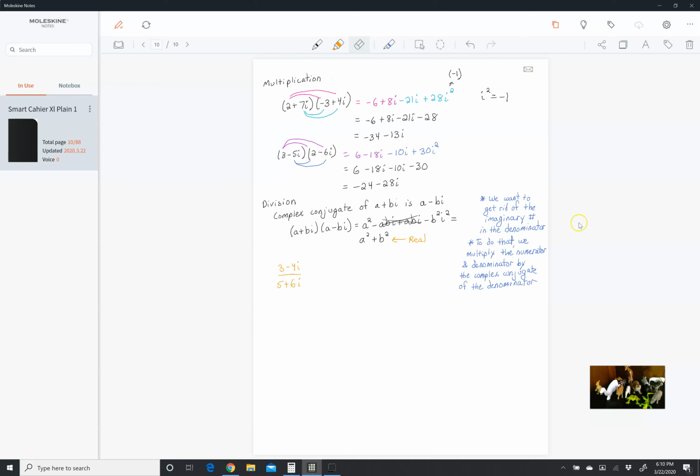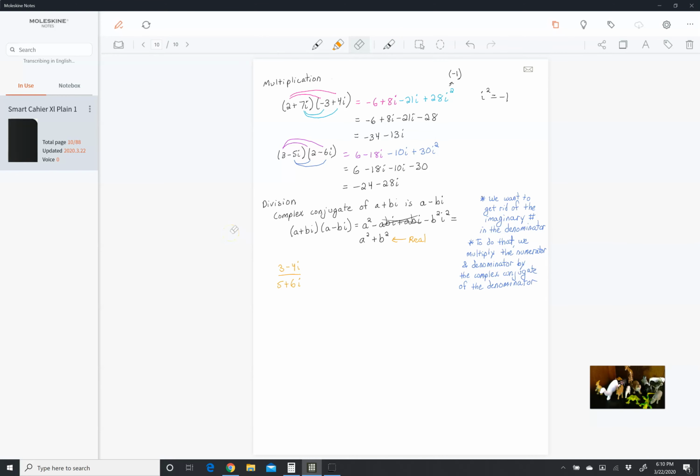The reason we do that is because if we multiply both the top and the bottom by the same thing, we're multiplying by 1. So we're not actually changing the value because anything times 1 is itself. So all we're doing when we divide, we're not really dividing. All we're really doing is making the bottom real. Okay, so let's take this one.